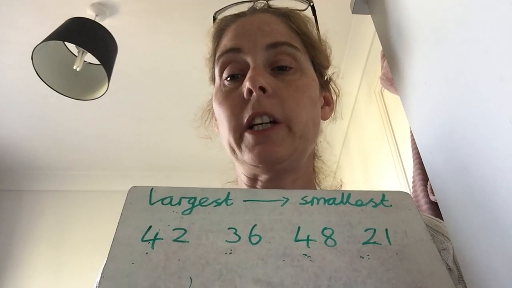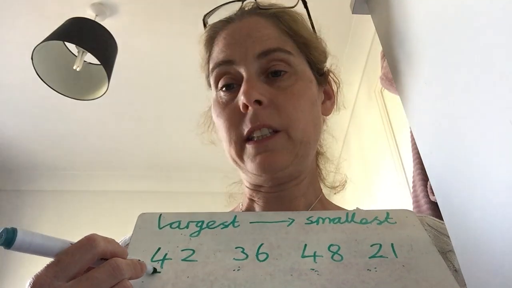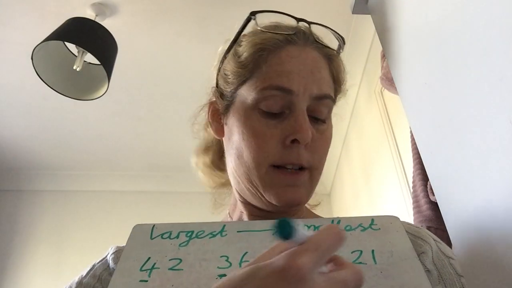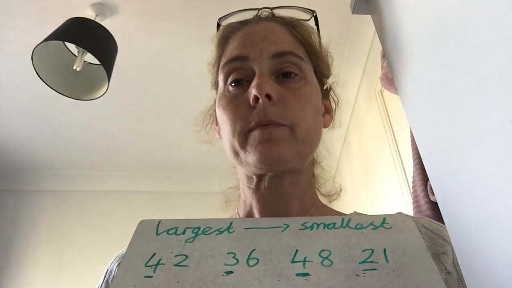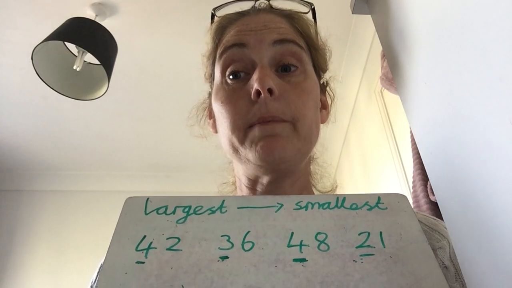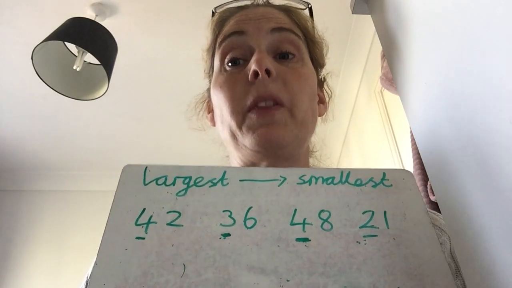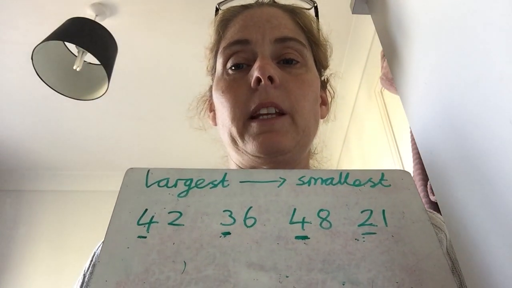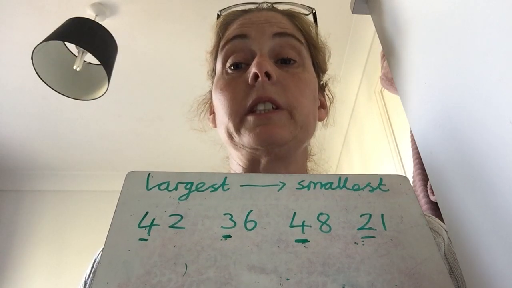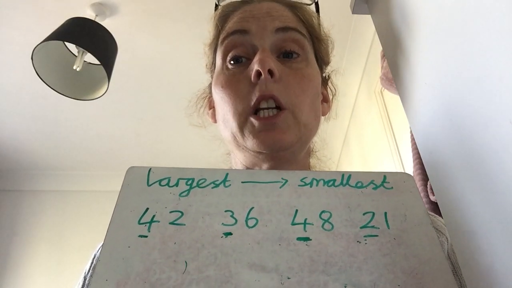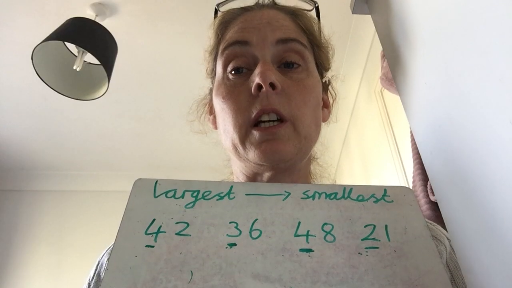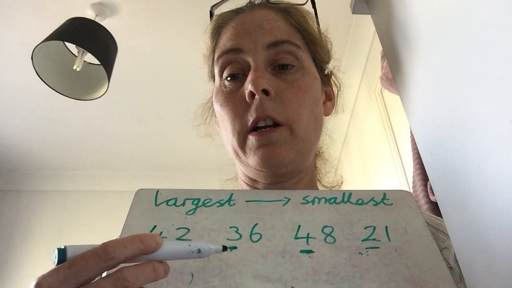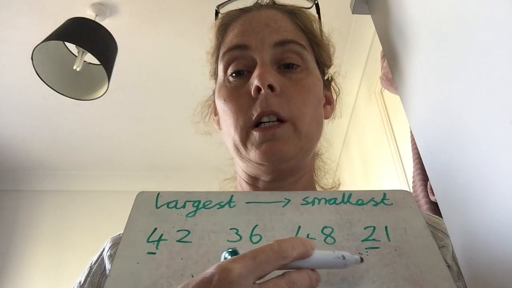So if we look at these ones, we've got 4 tens here, 3 tens here, 4 tens here, and 2 tens here. Now remember, this time we're starting with the largest number, the biggest number. So we need to look at the number that has got the most amount of tens. 4, 3, 4, 2.